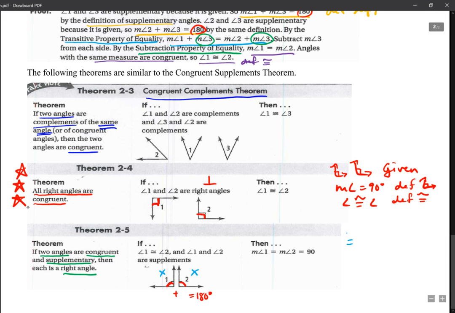So I've got angle 1 and angle 2 are congruent. That's just given. Then I know that the measure of angle 1 equals the measure of angle 2. That's just definition of congruence. And then this is just math. I know that they're supplementary. I'm given that they're supplementary.